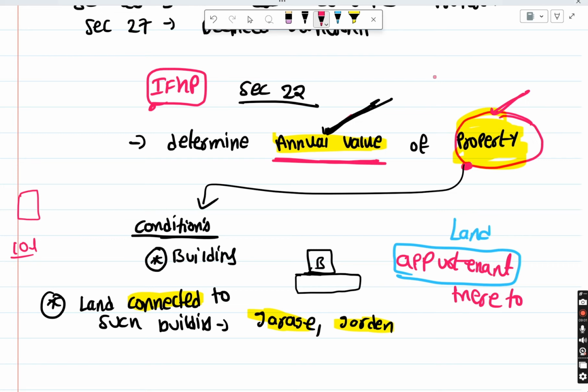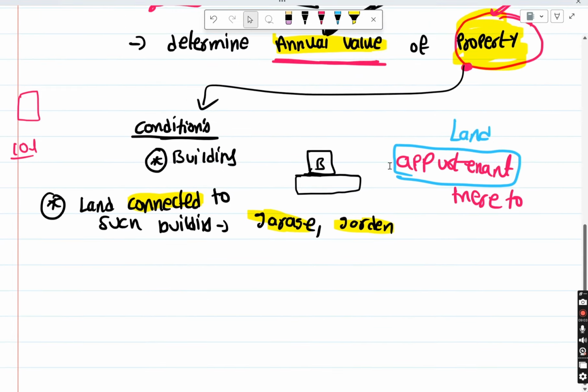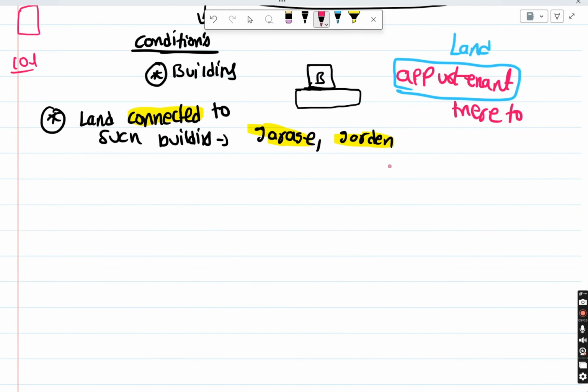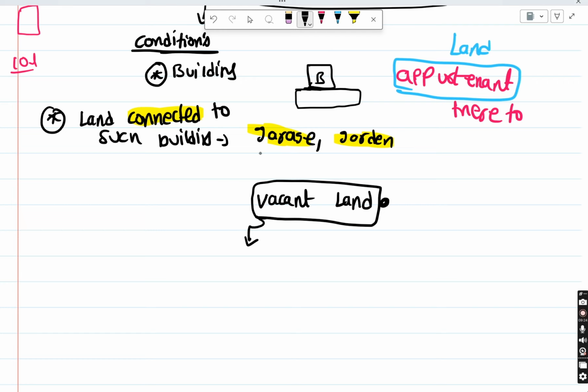Did you guys understand? Yes, sir. Now what if there is a vacant land? Vacant land means it is not connected to any building. Then do we tax under IFHP, or is this considered a property? We need to know, right? So no, it will be taxed under IFOS or PGBP, as the case may be.